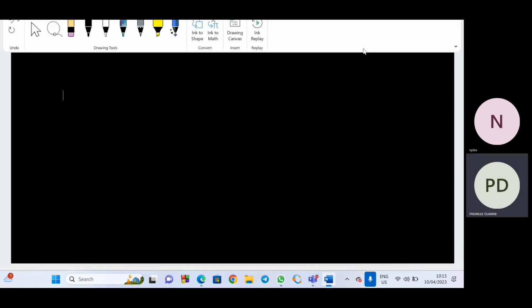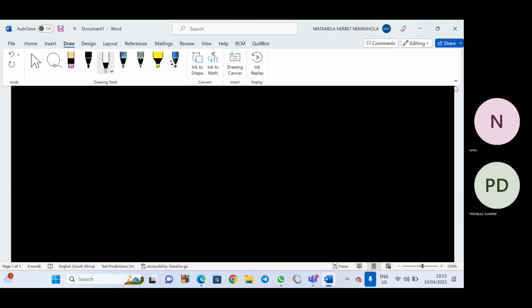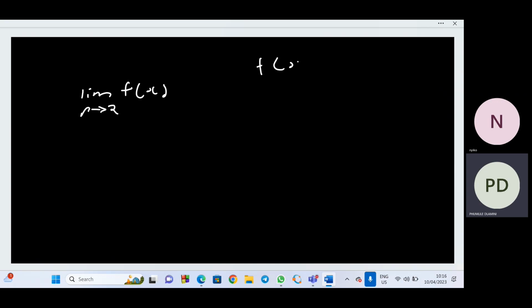We might be told to find the limit as x approaches 2, and we are given f of x equals x squared plus 2.